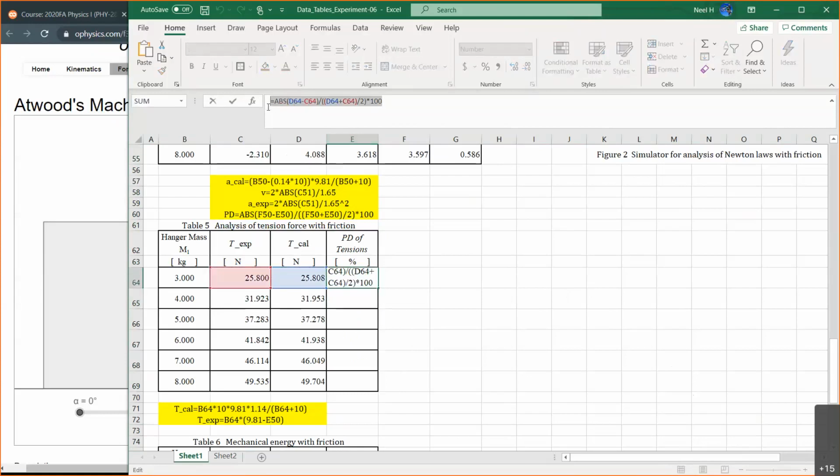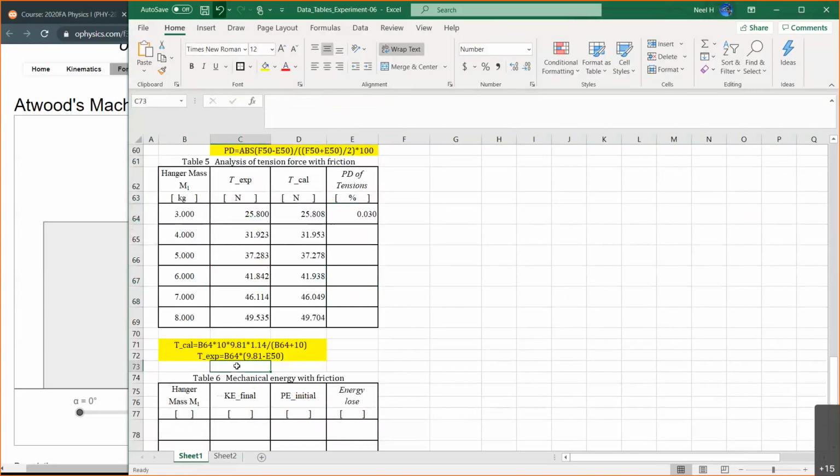That's the equation we are using right here, PD. Then let's click and drag. That will do the rest of the calculation. Any question?